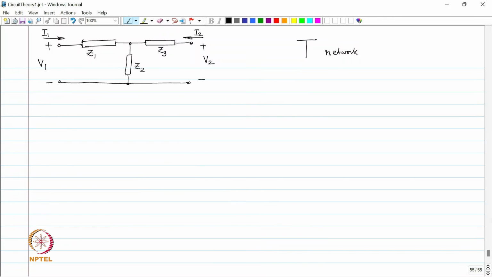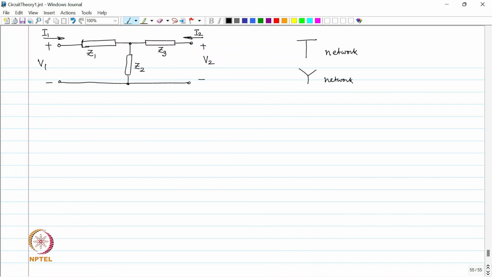Some people also call it a Y network, because you can tilt Z1 and Z3 a little bit and it will look like a Y. Some people also call it a star, although it does not really look like a star, it looks like a star with only 3 spokes.